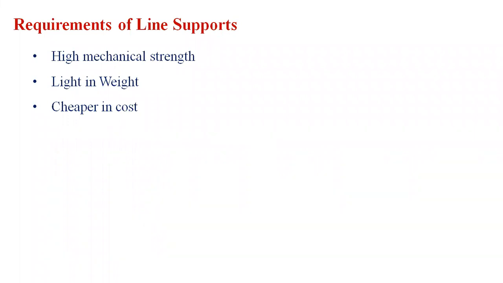Once the burden is placed on the supporting structure, conductor and insulator, in a power system there is one condition: we need to satisfy the consumer under two parameters, quality and quantity.